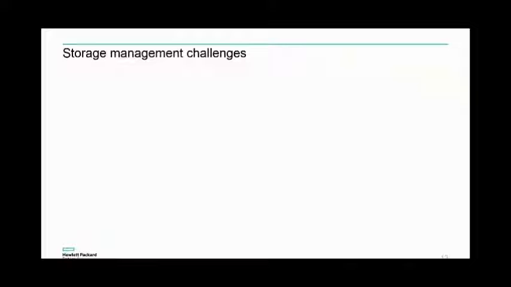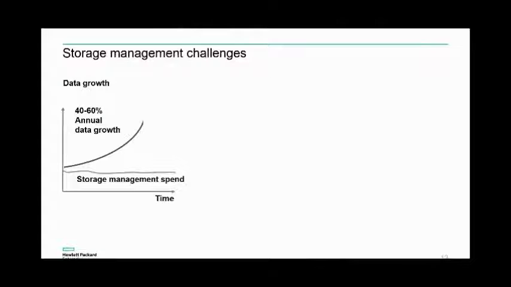So let's take a few minutes to understand what some of those challenges are in storage resource management. I'll start with this whiteboard example. The first area is data growth, and what we typically see at our customers is a data growth of about 40 to 60%. And at that rate, we see the data is doubling about every 18 months.